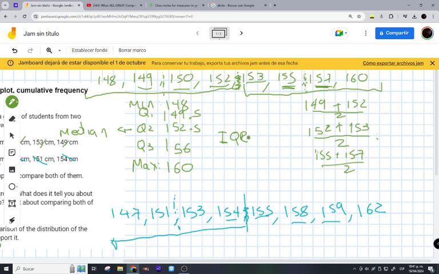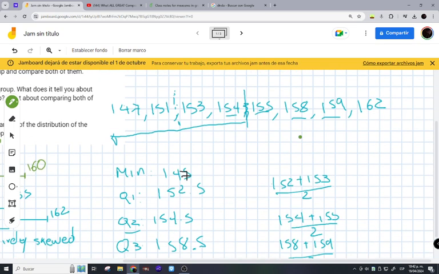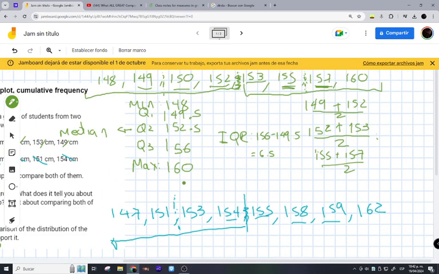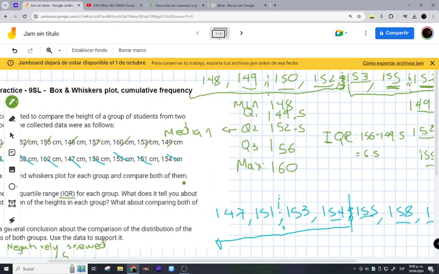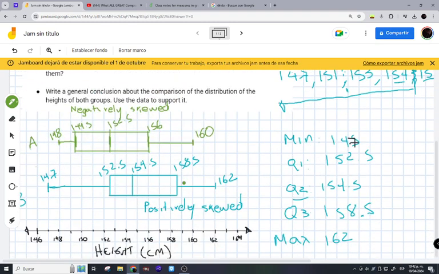Okay, so Q3 is 156 and Q1 is 149.5, and the result of that is 6.5. Don't forget to write the operation even if you do it with calculator. Examiners will always look for evidence of your understanding, and operations are part of that.